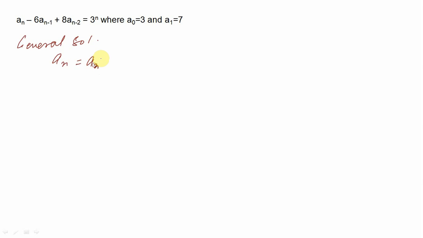a_n is equal to a_n homogeneous plus a_n particular, that is b1 into 2 to the power n plus b2 into 4 to the power n plus minus 9 into 3 to the power n. Now we are going to use these initial values.